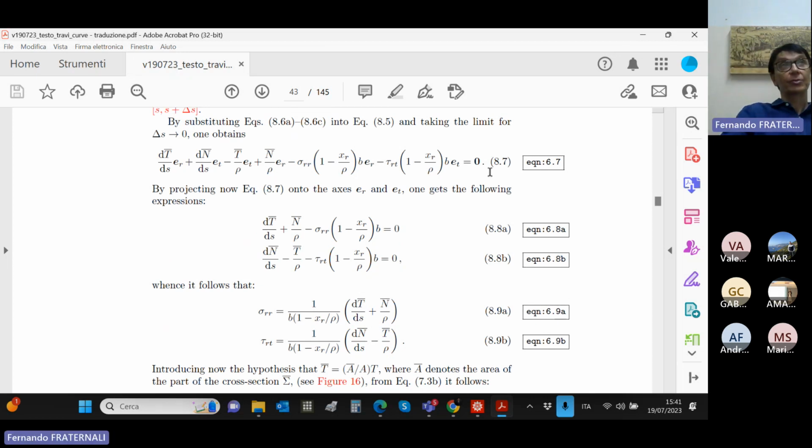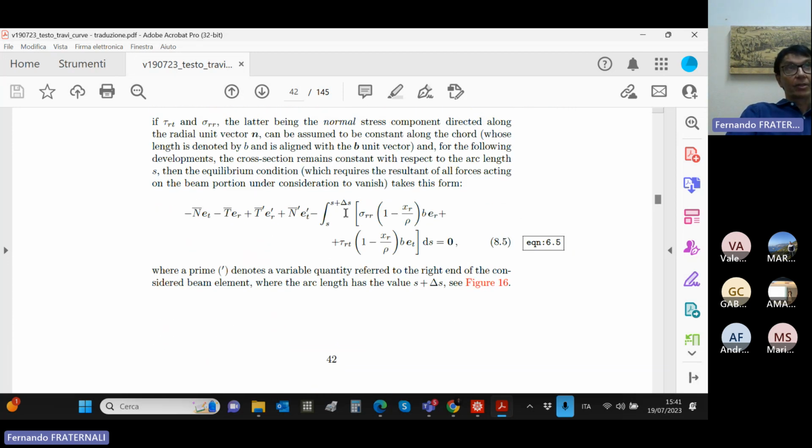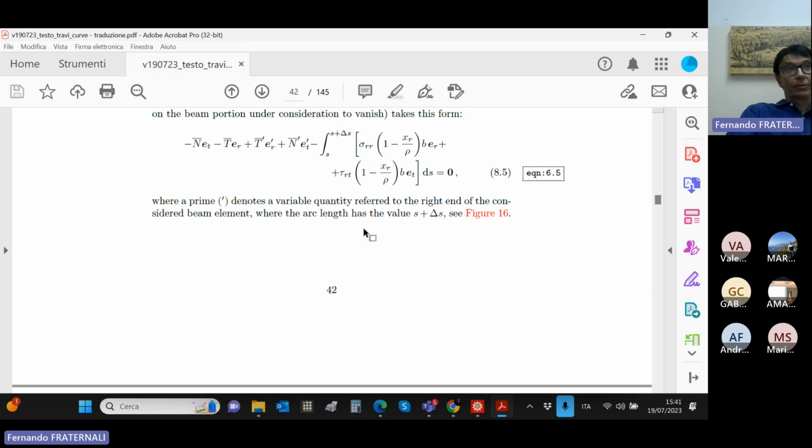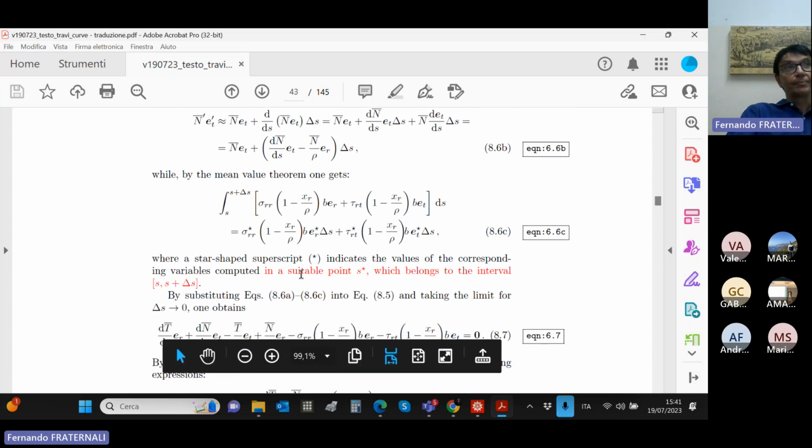Now, this equation is obtained by replacing these results into the vector equilibrium equation, and also taking the limit for delta s going to 0.